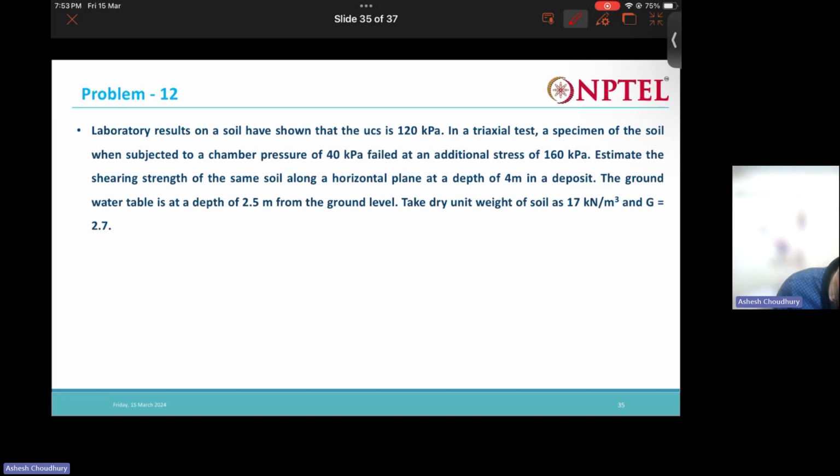First, what shall we do? We shall find out the C and phi value. C and phi, let us find out. So qu is... confining, that is sigma 3, is 40 kPa, and deviatoric is 160. Now sigma 1 as usual.